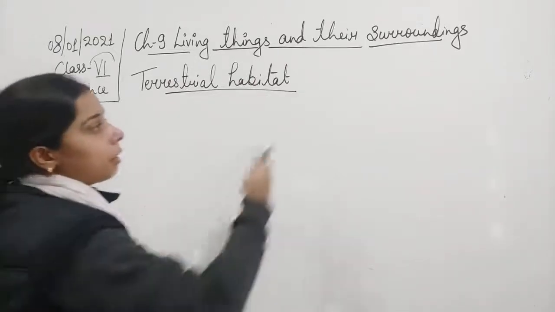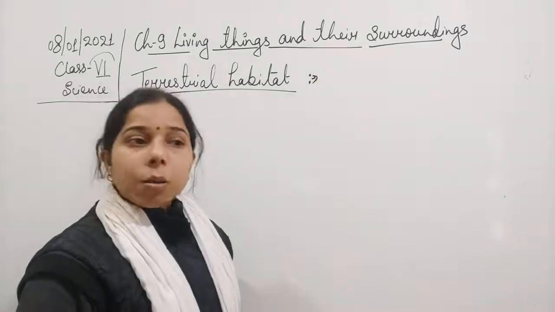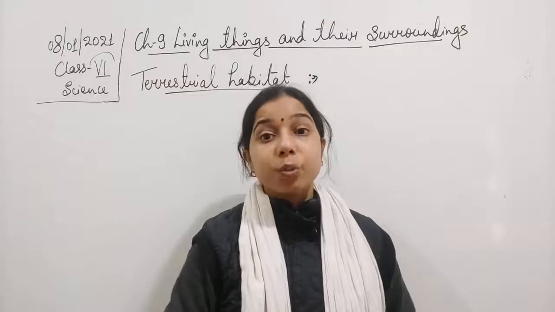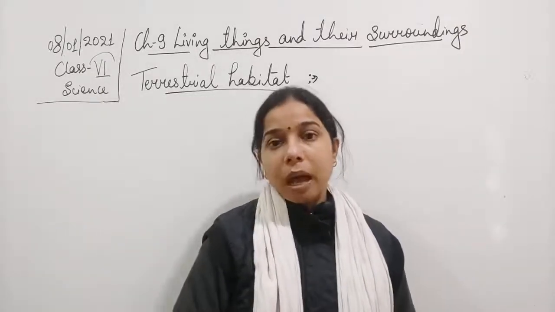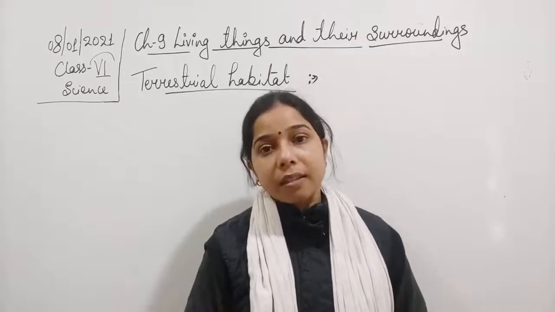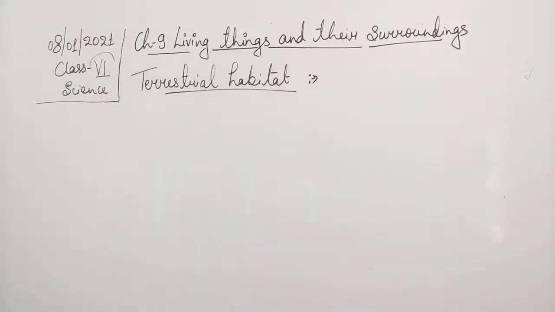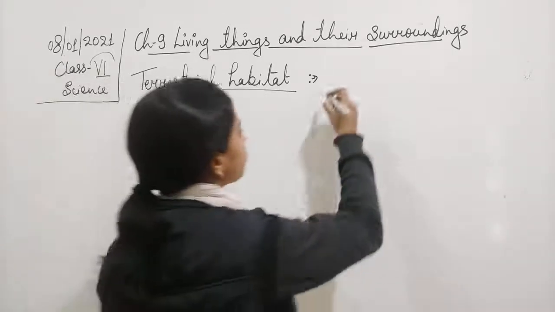the name terrestrial is actually related to the land. Okay, so a habitat which is on the land. So in place of terrestrial habitat, we can also write it as a land habitat. Okay, so we can write that it is a land-based habitat.